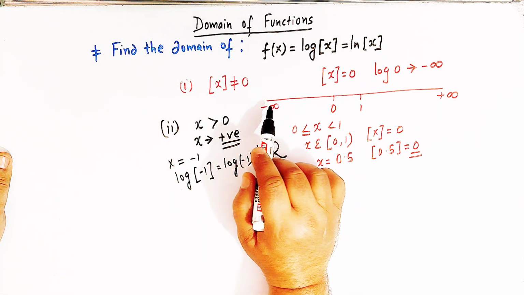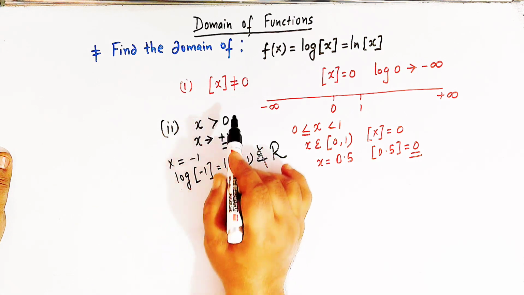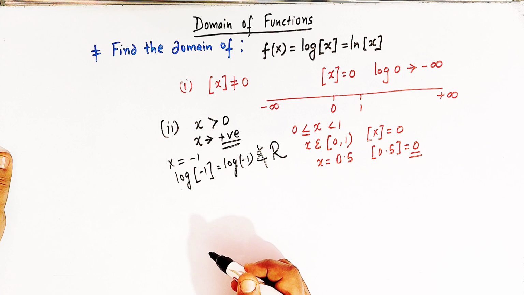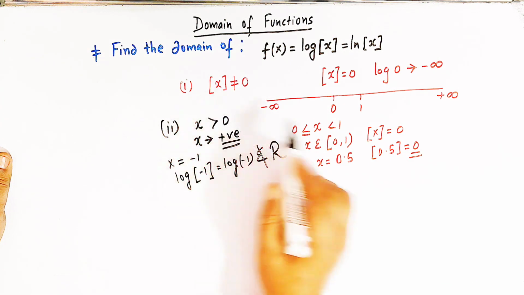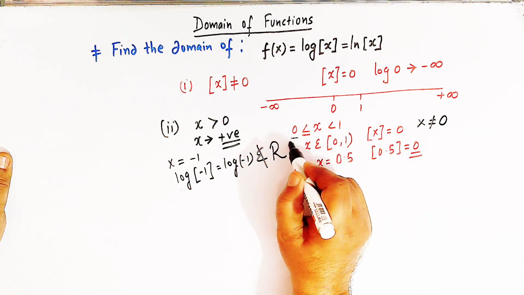So we have to avoid all the negative values of x, so it implies that x should be greater than 0, right? And we have already said that x should not be equal to 0.